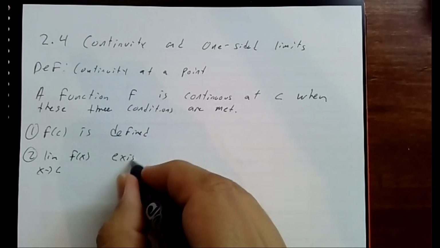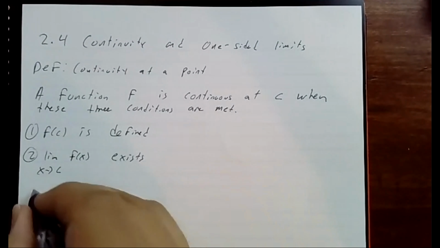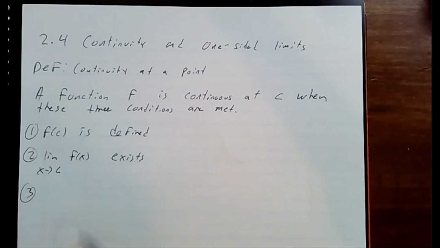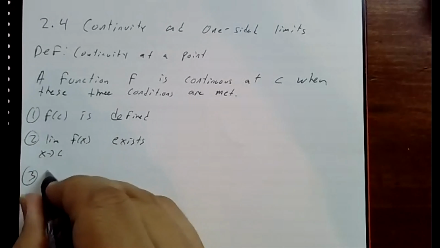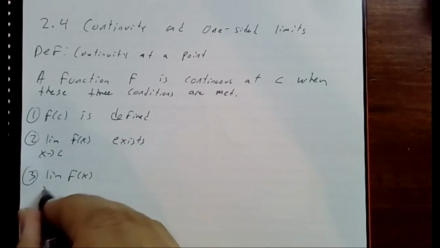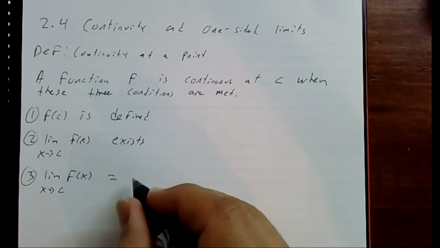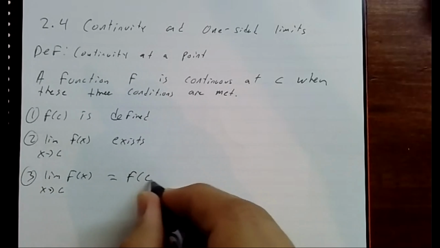So the limit must be the same from right and left. The third condition, the limit of f of x as x approaches C must equal the same thing as plugging in C.